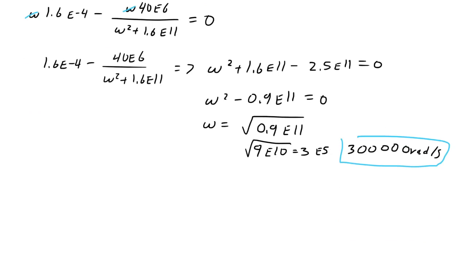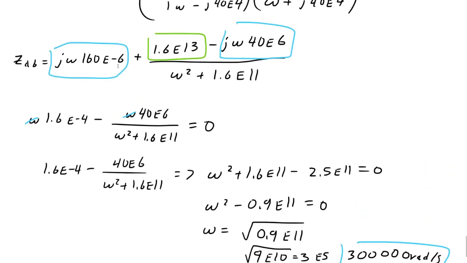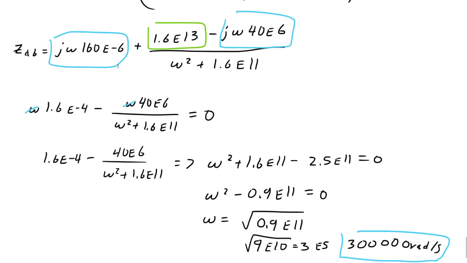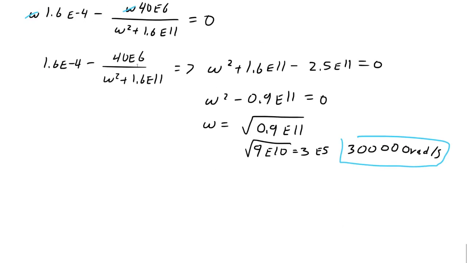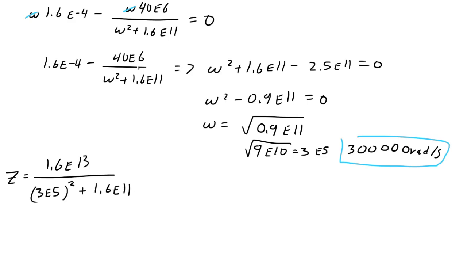So if we go ahead and plug that frequency in for our expression for the impedance, we don't really care about the imaginary part because it's going to cancel. So I say 1.6 E13 divided by 3E5 squared, and then plus 1.6 E11.